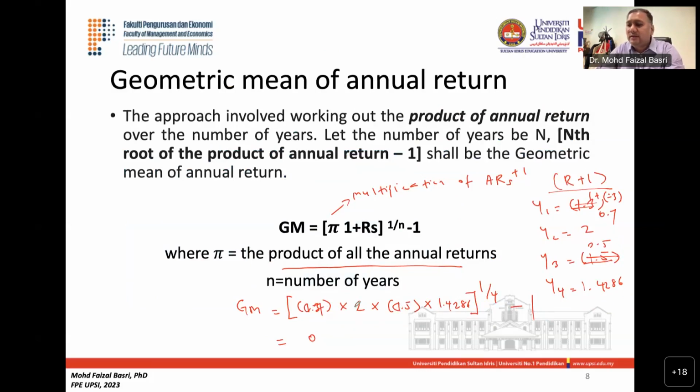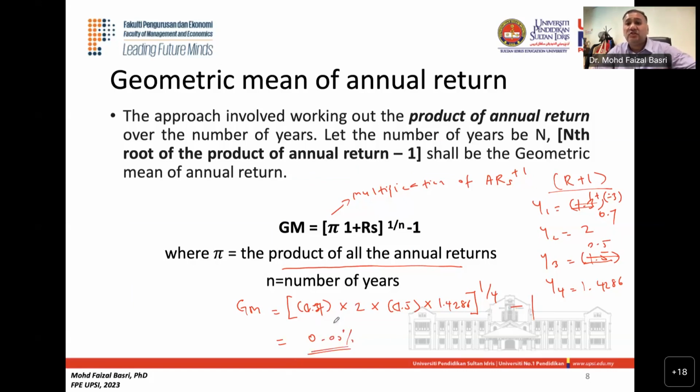So if you recalculate this, 0.7 times 2 times 0.5 times 1.4286, to the power of 1 by 4, minus 1. So you get 0% here.